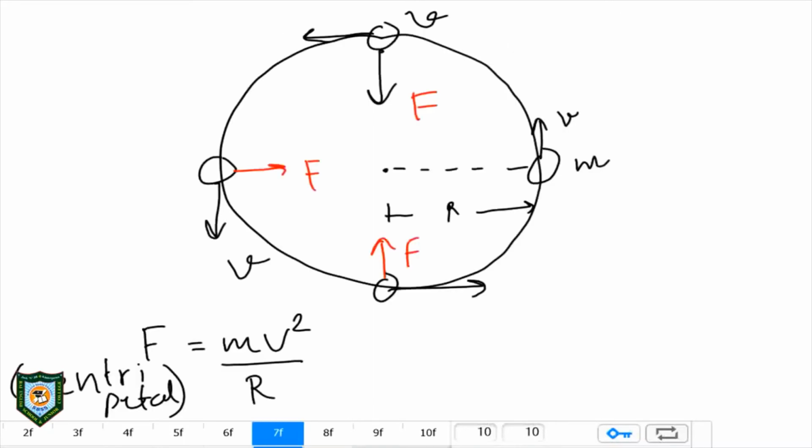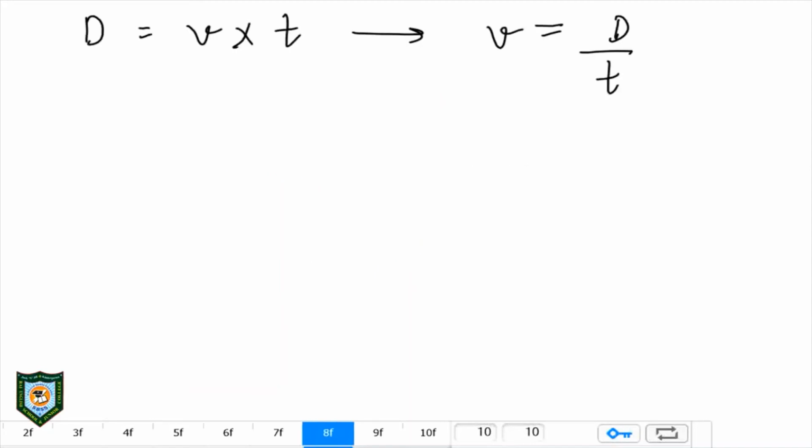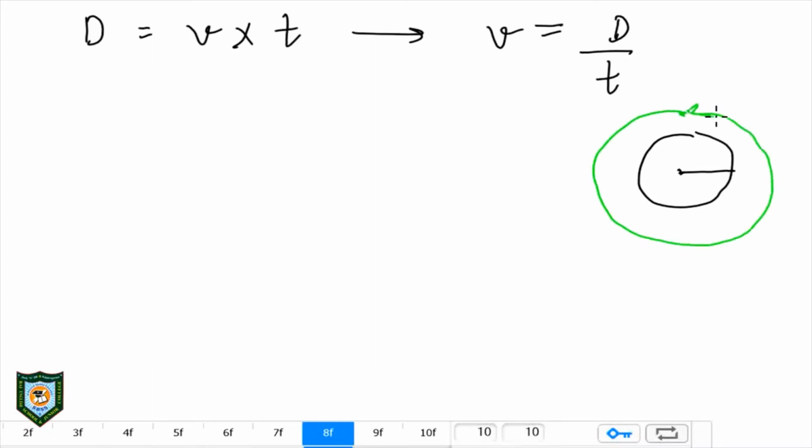Now as we can observe, the object is traveling in a circle. So if this is my circle and this is my radius r, my object, if it starts from here, will go from here and come here. So this one full rotation is the perimeter of the circle.